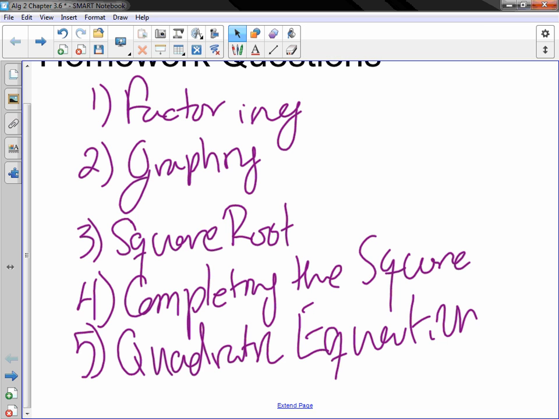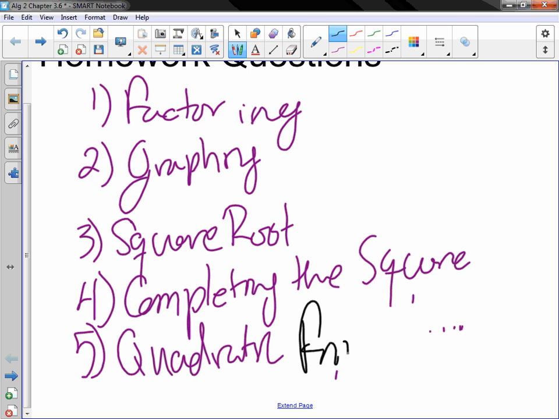This is going to be the last method we will go over on how to solve a quadratic. When we solve quadratic equations, we're going to use the quadratic formula.